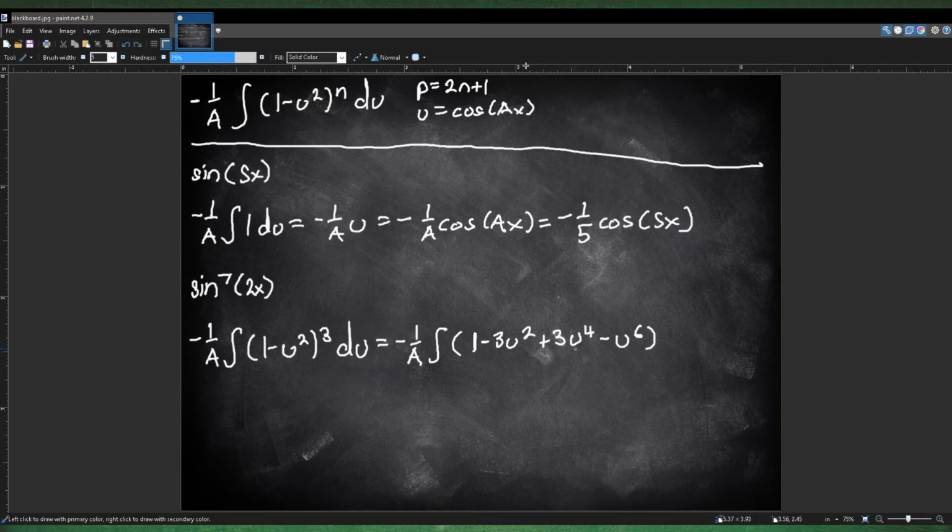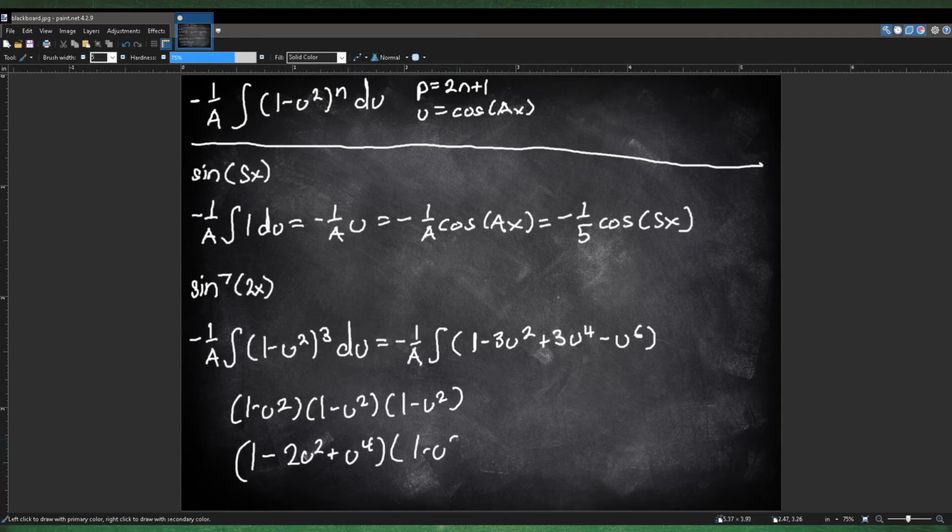It's just like a polynomial. If you want, I could show the work of how this works. So 1 minus u squared, and then 1 minus u squared, right? It's just raised to the power 3. So doing just these two by themselves, that's 1 minus 2u squared plus u to the fourth, and then 1 minus u squared, right?